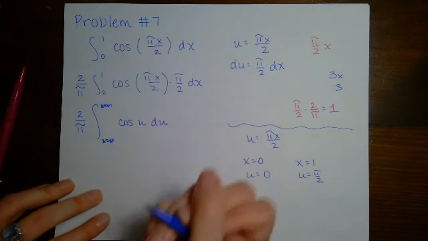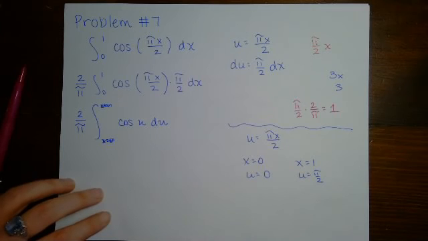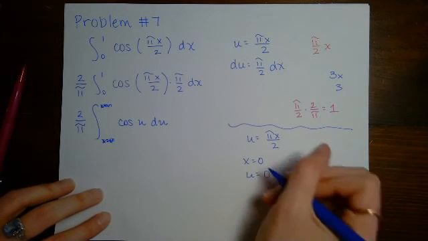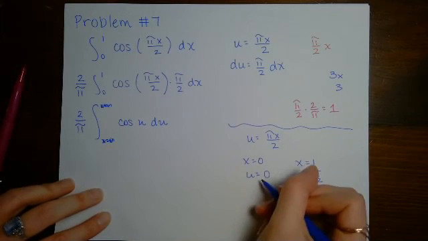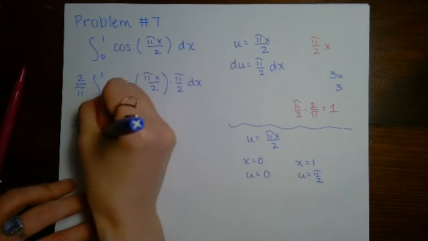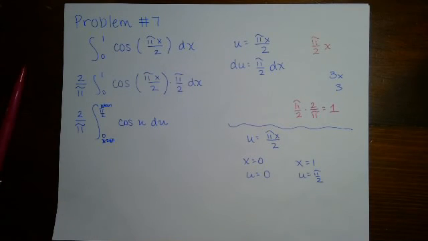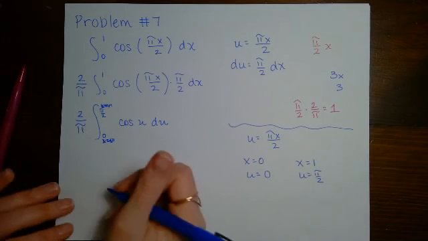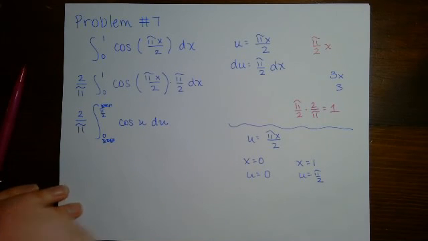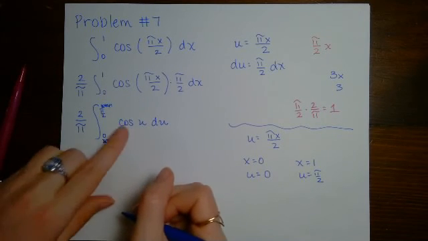So instead of 0 to 1 for x, u is going to go from 0 to pi over 2.